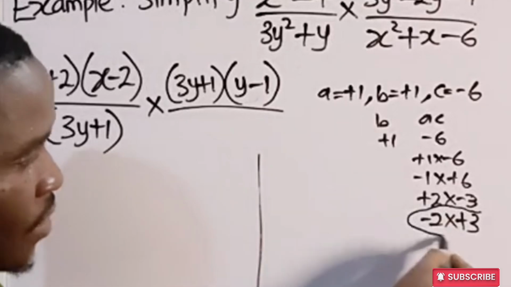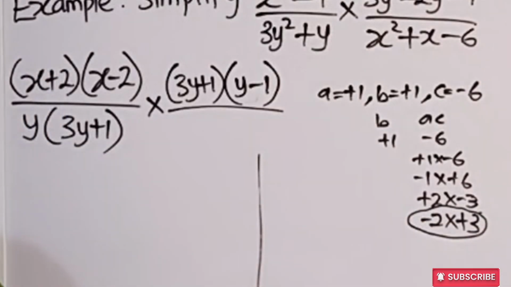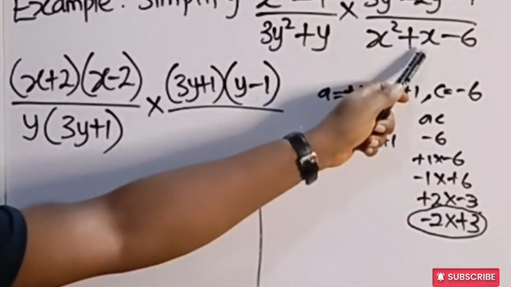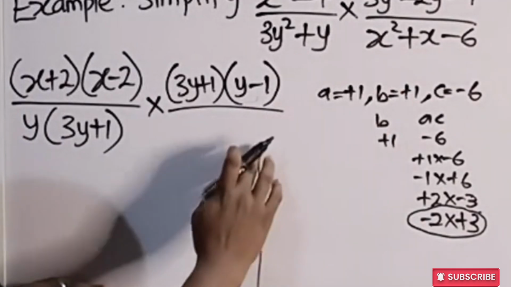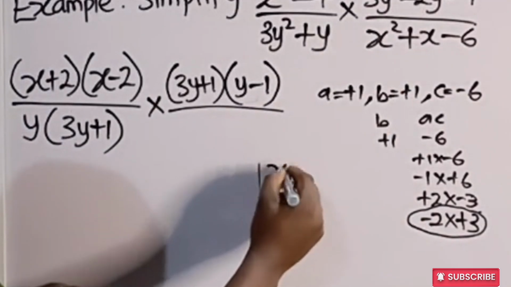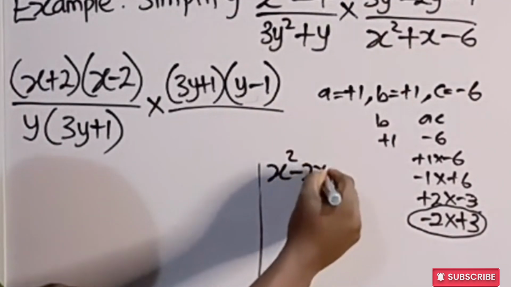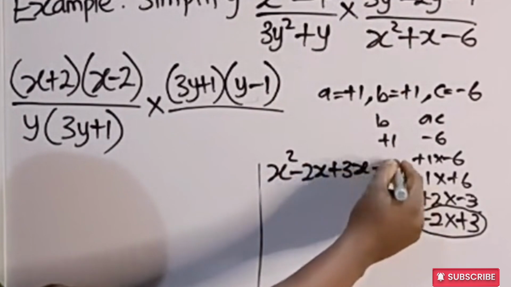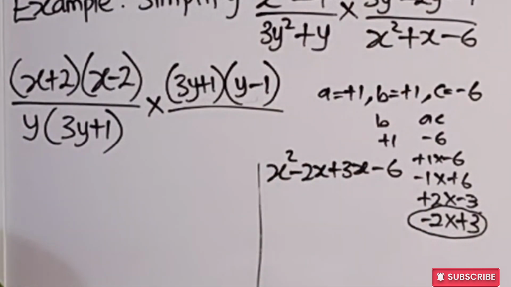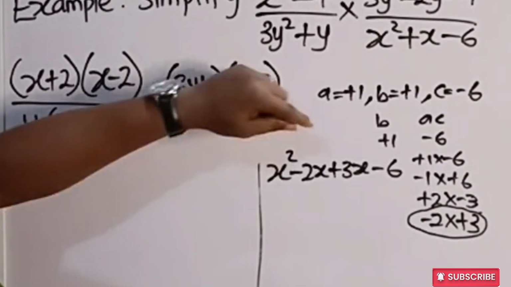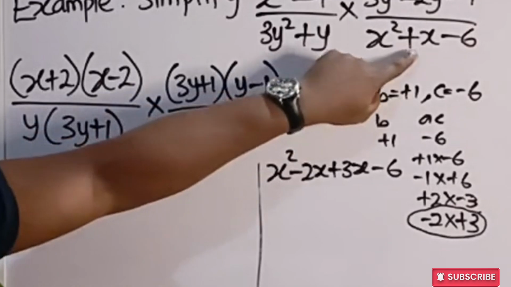So we are going to use them to replace this. We have x squared minus 2x plus 3x minus 6. We use these values to replace plus x.